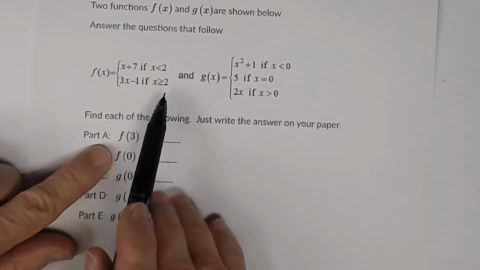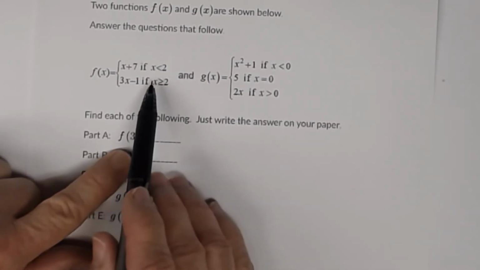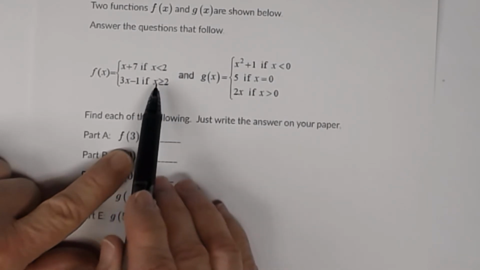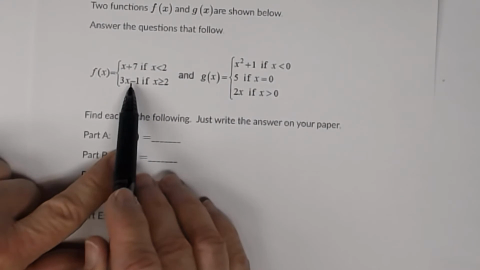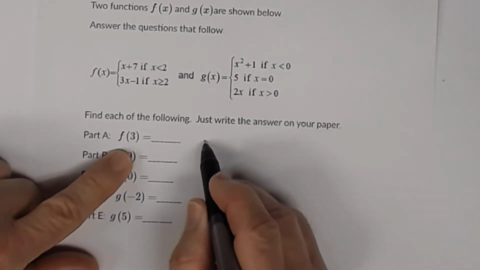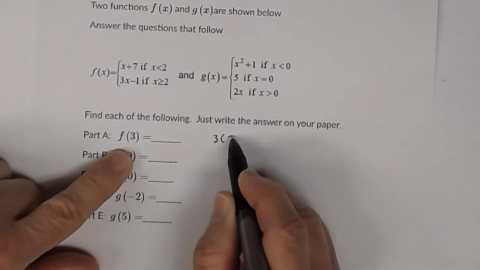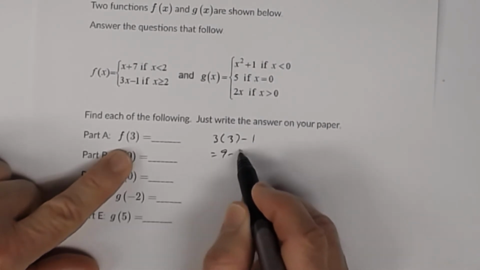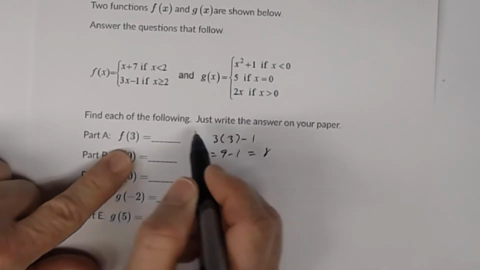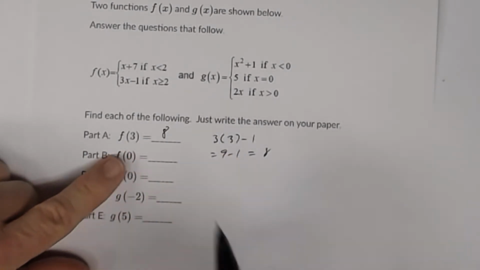So notice that x is 3 for this part of the domain, x is greater than or equal to 2. So that's where 3 belongs. So I'm going to use 3x minus 1. So I'm going to say 3 times 3 minus 1. And then 3 times 3 is 9. So 9 minus 1 is 8. All right, so that's 8 here.